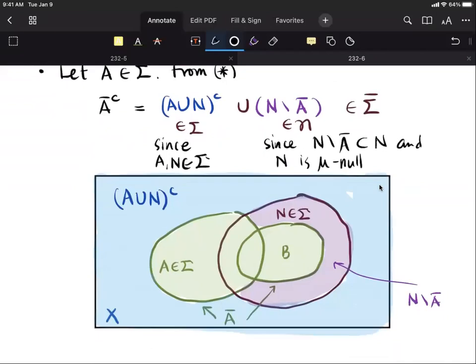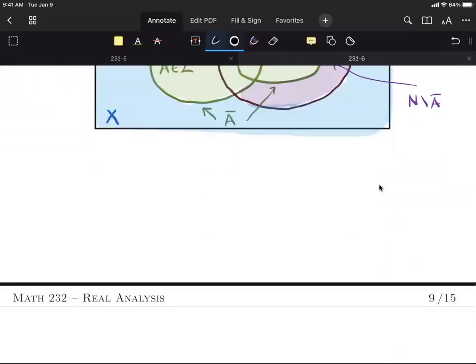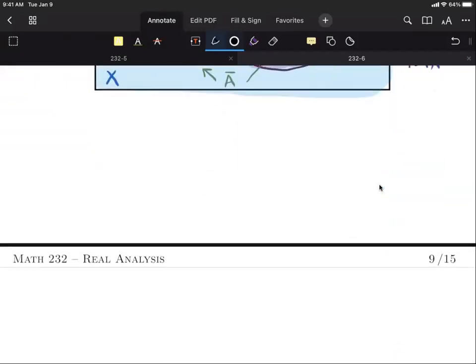And finally, for closure under countable unions, let us take a sequence in sigma bar for each n, a positive integer, so that I can write this as what?